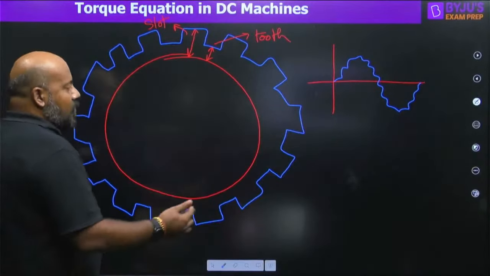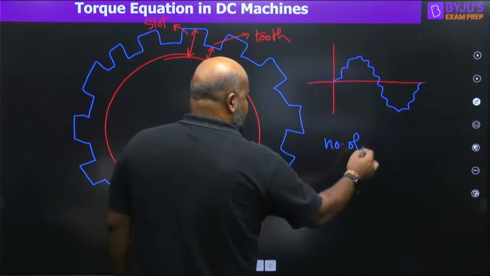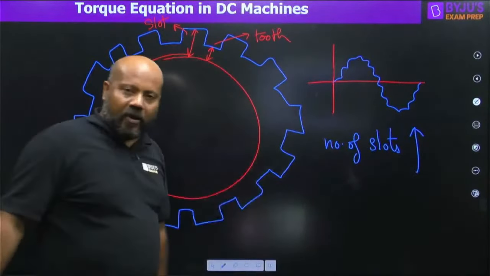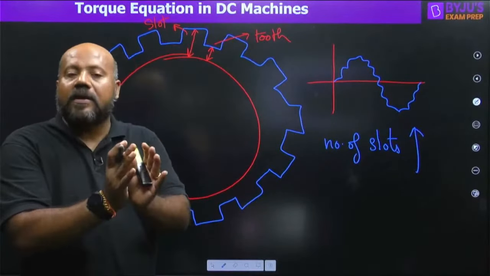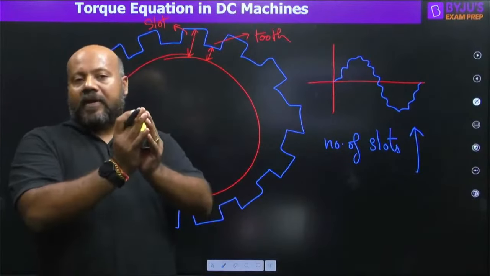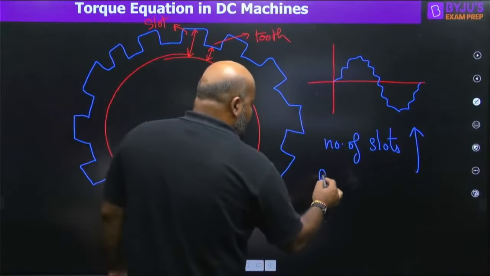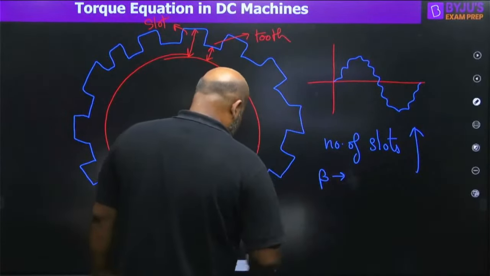If anyhow we can increase the number of slots, then this disturbance is going to be less. Why? Because if you increase the number of slots, the slot angle is going to be very small. Are you getting this or not?